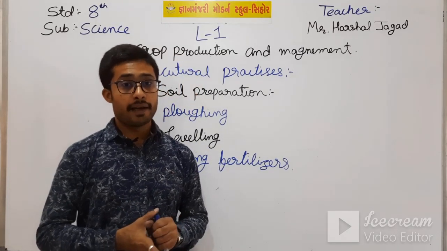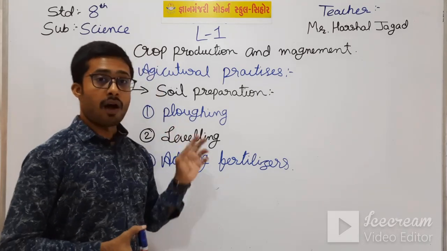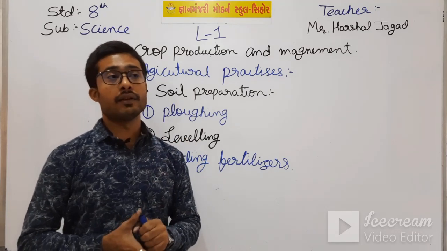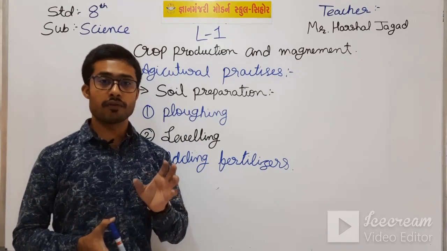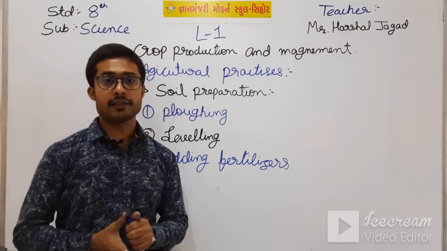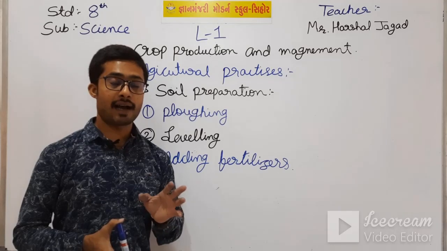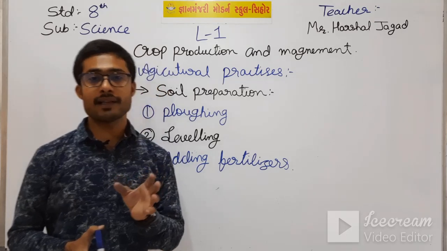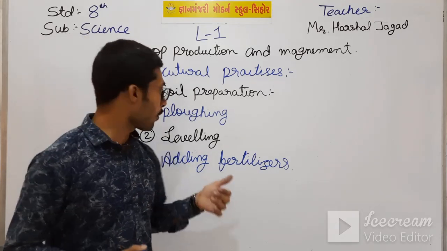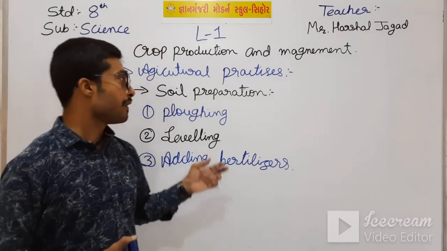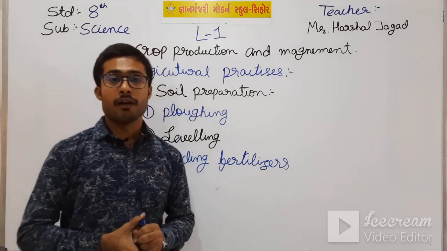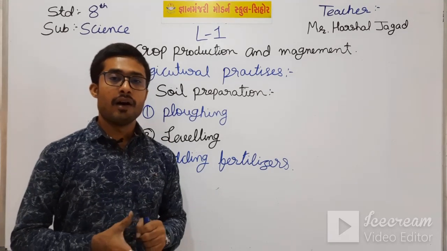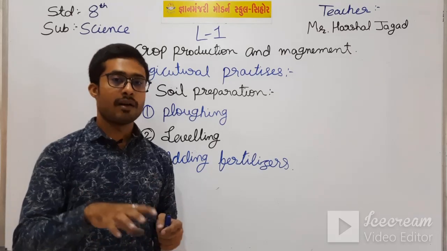Okay students, and it is very important how the ploughing is done, because in olden days wood was used for ploughing, but nowadays iron is used, and advanced technology tools of cultivation are there. So the ploughing is very important for the farmers, and it goes deep in the soil, and all the soil is ploughed.